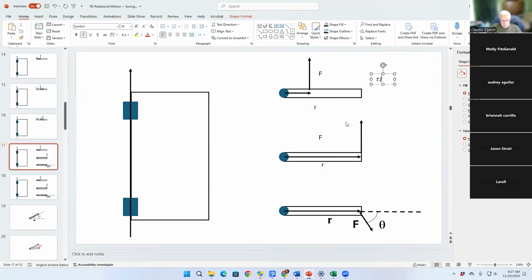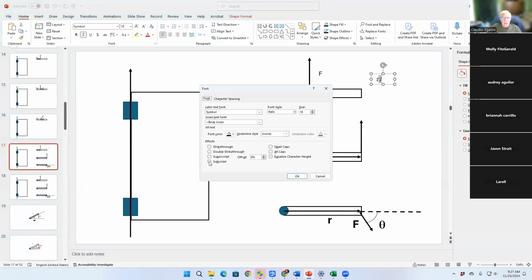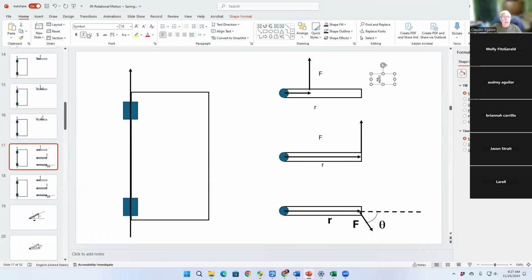Here we're going to have one torque, and I'm going to emphasize that this is F1, and this one is going to be R1, right?